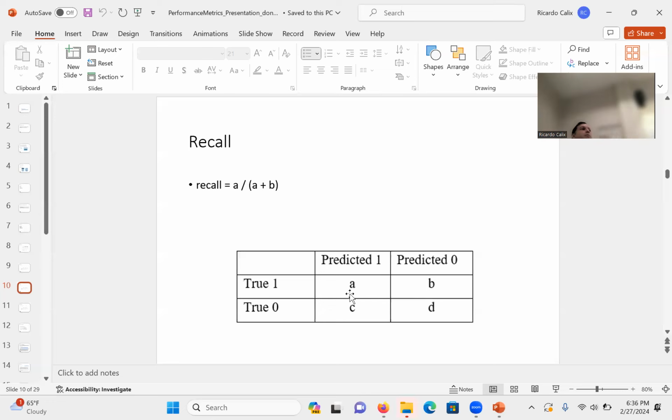So that's how you think about these problems, okay? So remember, precision is out of what the model predicts, and that's all I care about, even though it's missing a few, but its precision is pretty good. Recall is how good it really is at finding all of them. Out of all the ones, how many does it get correct? So A and B is the denominator, and then A is the numerator. Does that make sense?